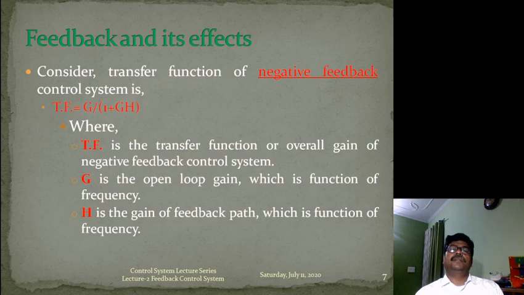So error is reduced. The transfer function of a negative feedback system is TF equal to G upon 1 plus GH, where TF is again the transfer function or overall gain of the negative feedback system. G is the open loop gain and H is the gain of the feedback path, both functions of frequency.